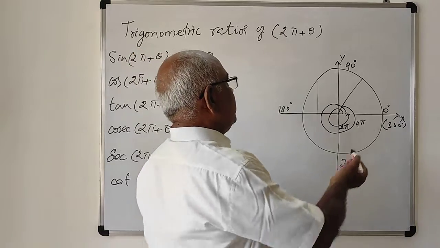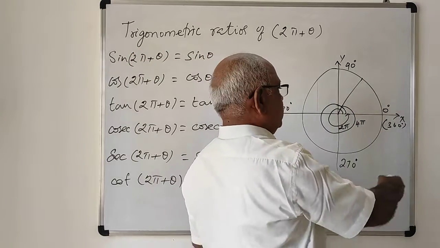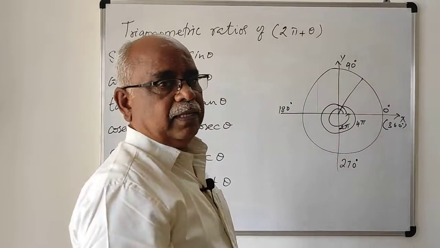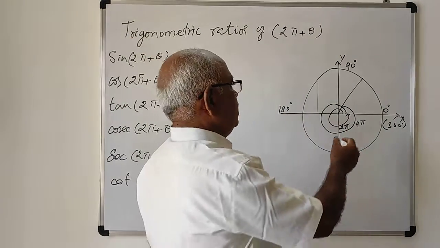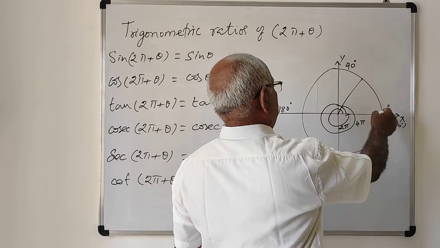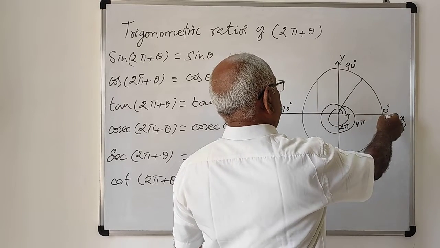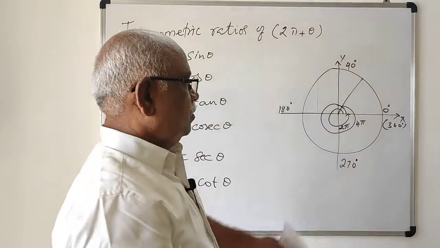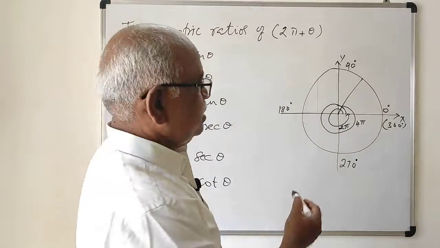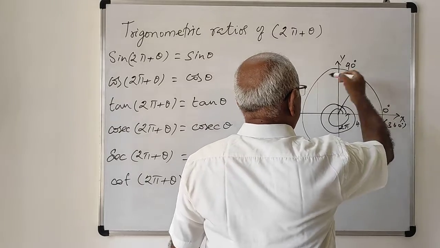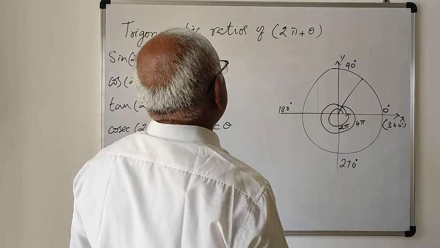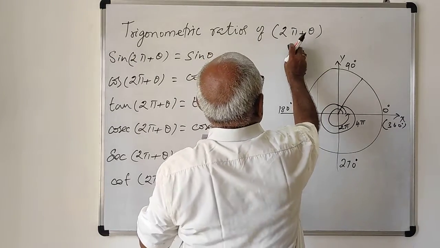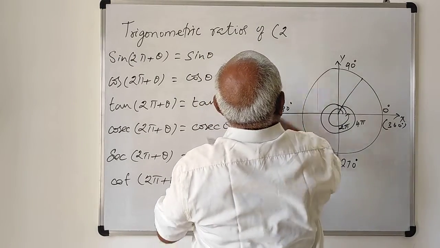Similarly, if you increase the number of rotations, one rotation is 2 pi, two rotations is 4 pi, three rotations is 6 pi, because pi is 180. One rotation is 2 pi, that is 360, two rotations is 4 pi, that is 720. Like that, the number of rotations are increased. That's why I am considering the trigonometric ratios of 2n pi plus theta.